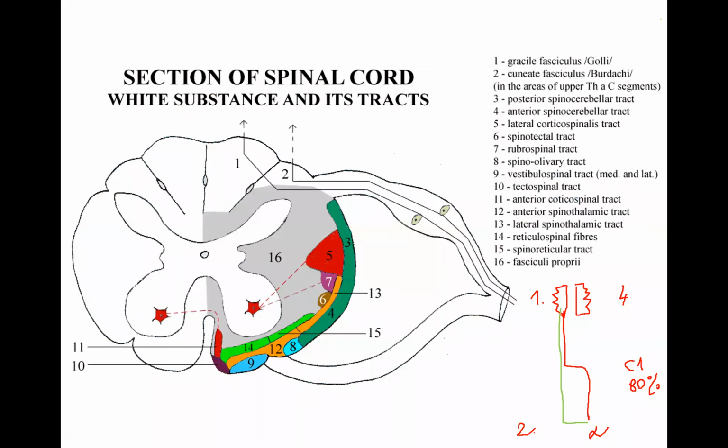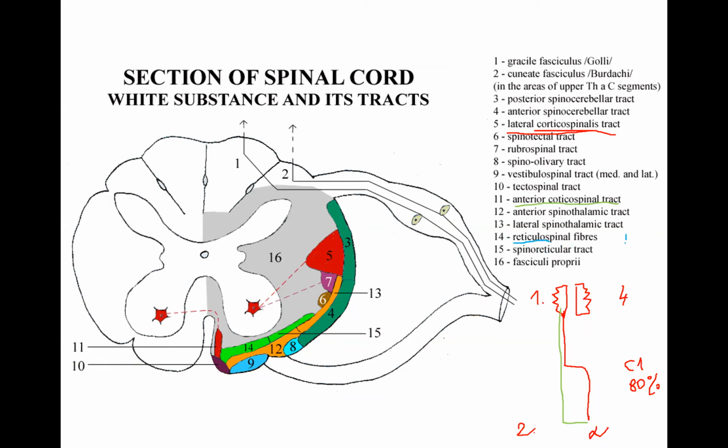We have talked about the anterior corticospinal and lateral corticospinal. So do we have some other descending tracts? Yes, we have. We have this, which is called the reticulospinal.